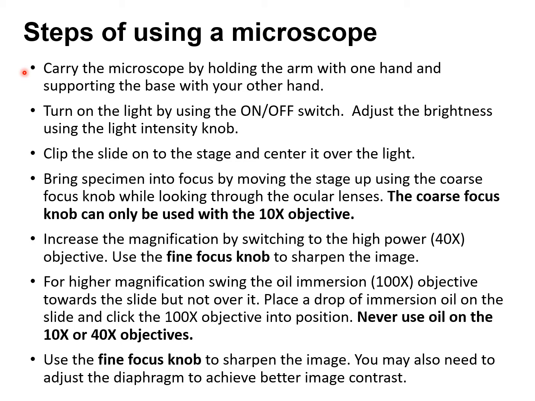So always put that other hand on the base. Then after you place it at your station, you turn on your power switch. And then you adjust the brightness using the light intensity knob.